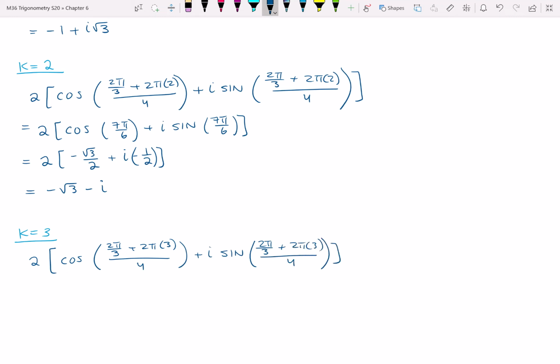If we simplify this a little bit, we get the cosine of 5 pi over 3 plus I sine of 5 pi over 3.